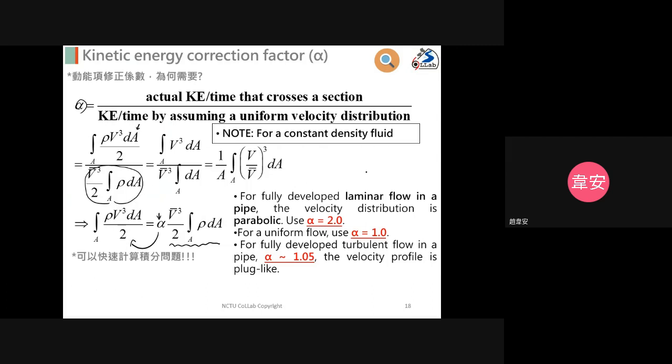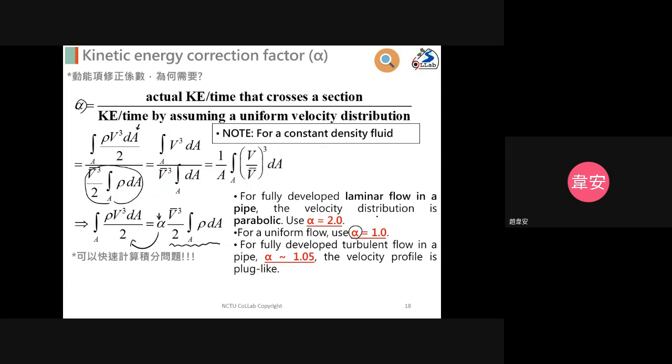We already know that for laminar flow in a pipe, the alpha value is usually 2, because the velocity function is parabolic. If your velocity field is uniform flow, then the alpha value is equal to 1.